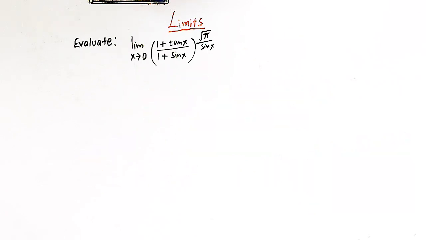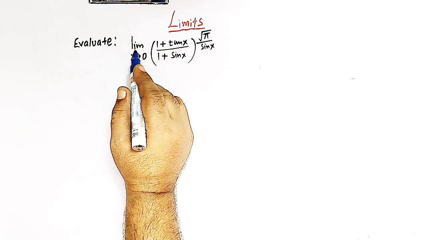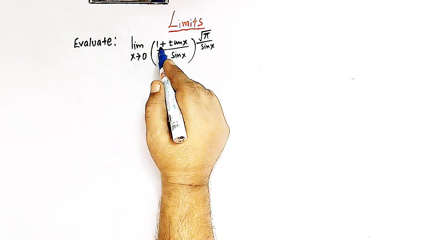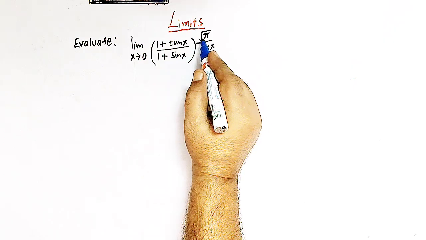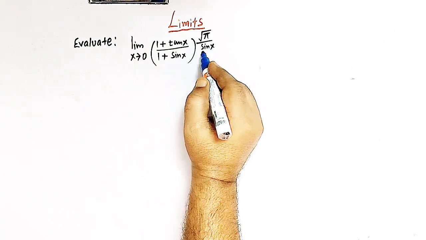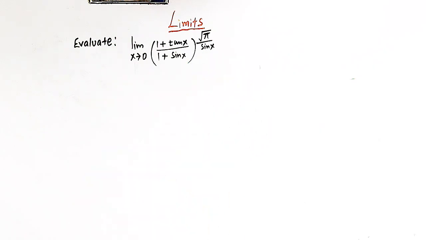So now let us consider one more example. So let us consider this limit x tends to 0, (1 plus tan x divided by 1 plus sin x) raised to square root of pi divided by sin x, right?